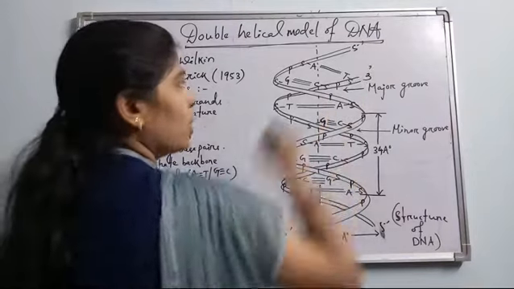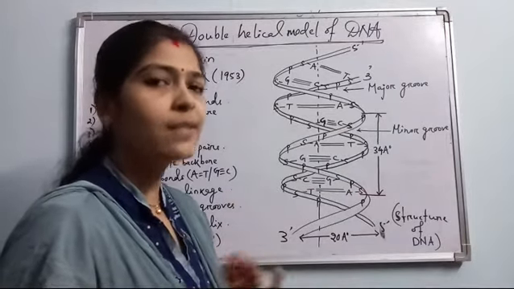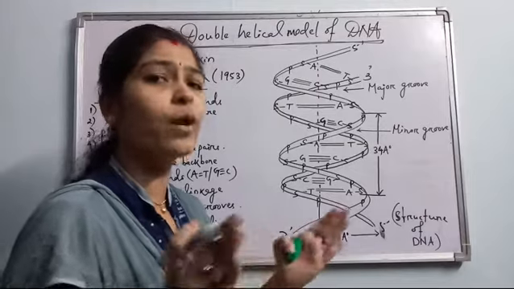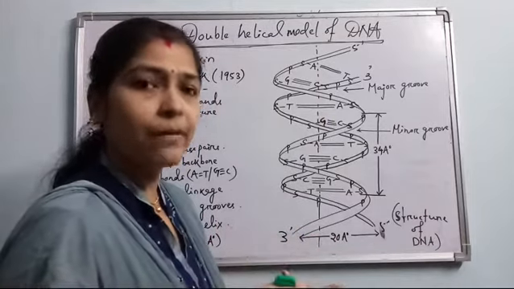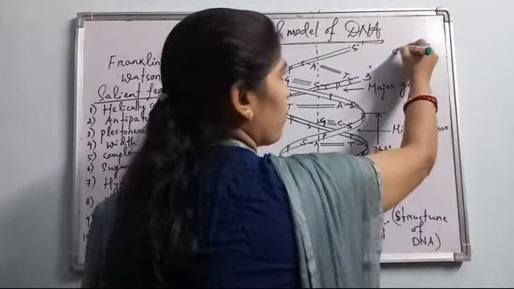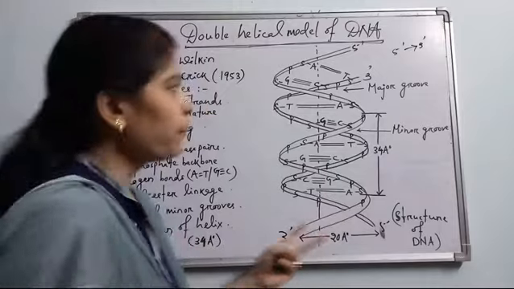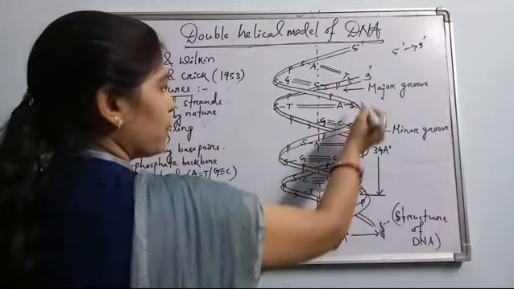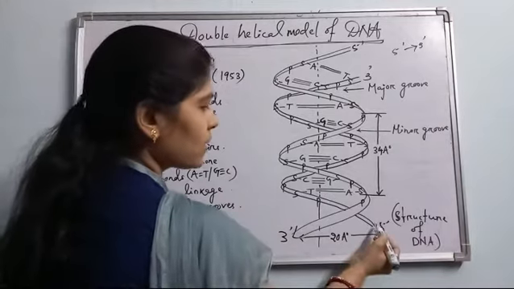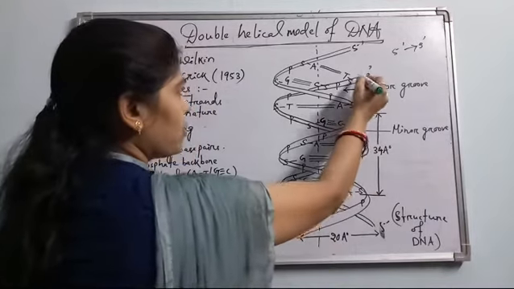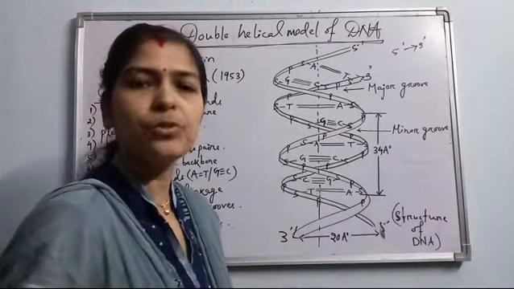In one of my videos I told you how nucleotides join one upon another to form a polynucleotide chain, and that the direction of synthesis is always from 5' to 3'. In the two strands of DNA, this strand is synthesized 5' to 3', running downwards, and this strand is synthesized 5' to 3' in the opposite direction. So the two strands run in opposite directions, so they are anti-parallel by nature.